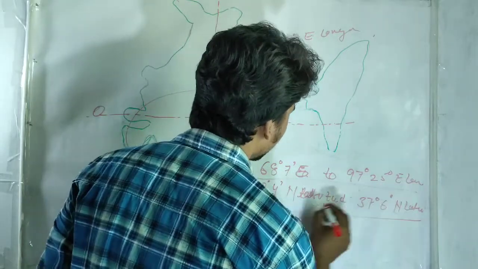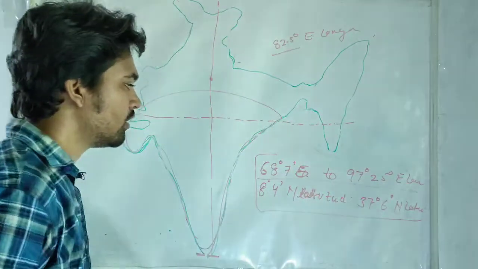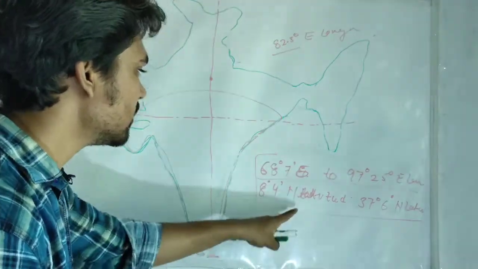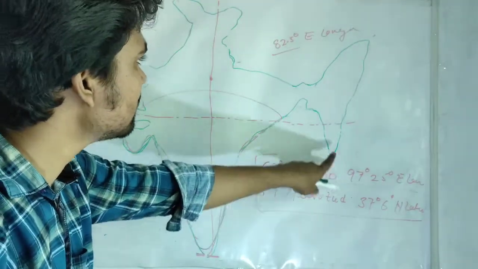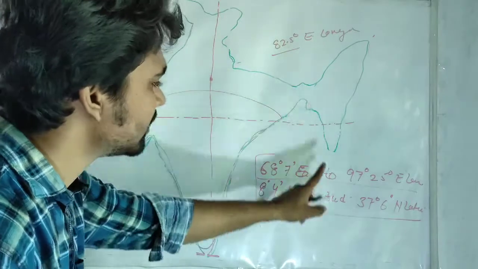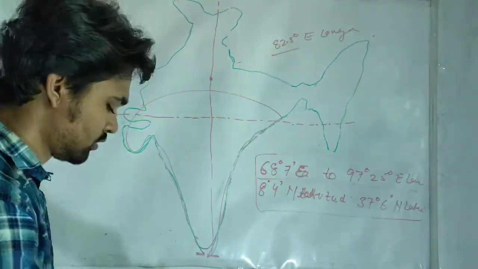So the location of India on the globe is in the northern and eastern hemisphere, north latitude and east longitude.